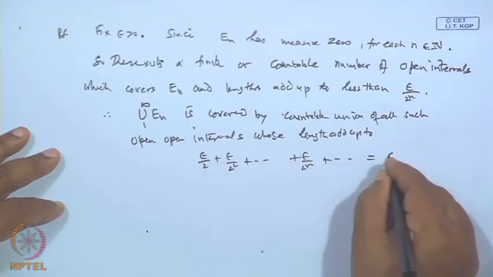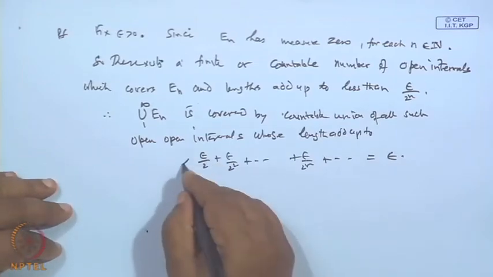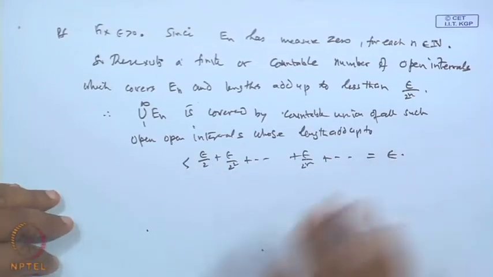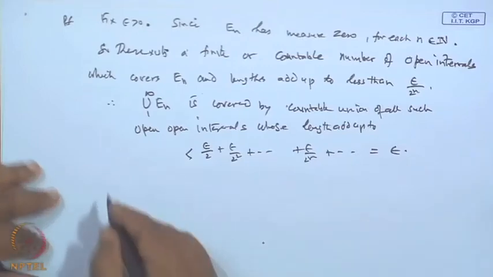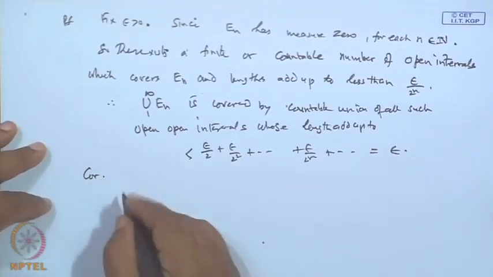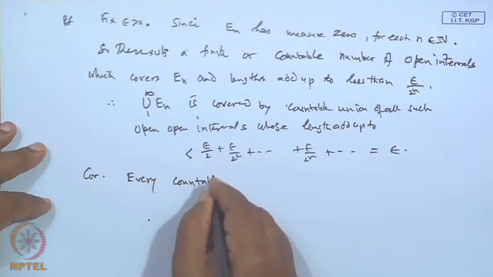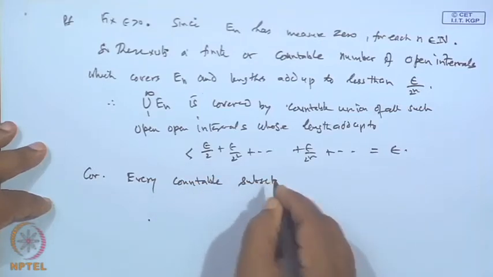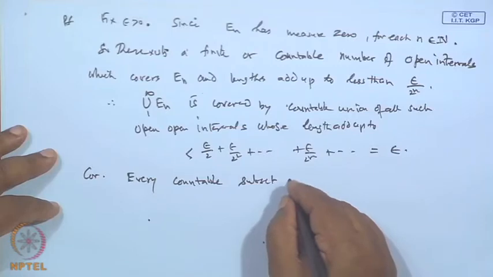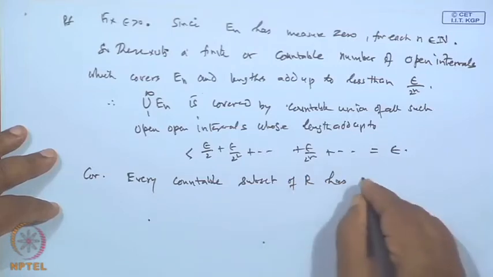If I add these, the total becomes less than epsilon. So this proves it. As a corollary we can say every countable subset of R has measure 0.